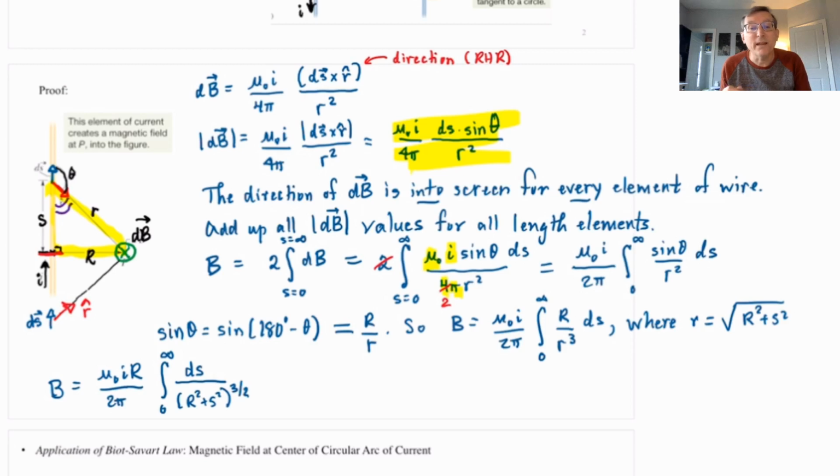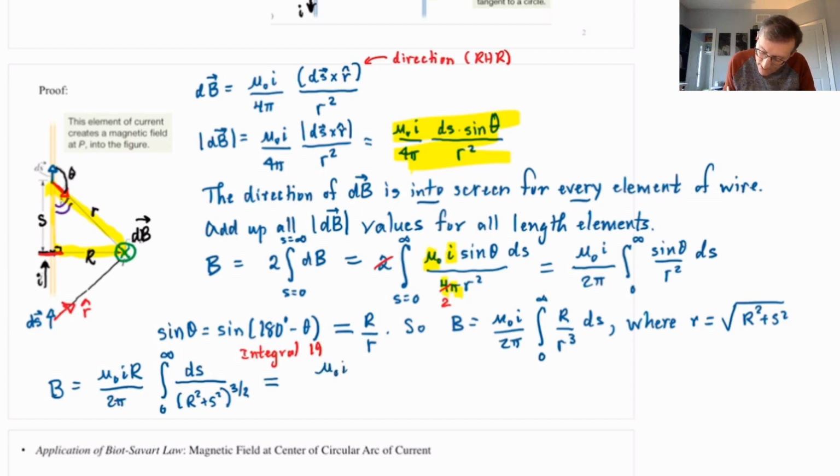Okay, now that's a pretty famous integral. You can try to do it yourself as a trig substitution, or you can look up the integral in Appendix E. It turns out it's integral 19 in Appendix E. And I'm just going to write down the result, and then we'll have to put in the limits.